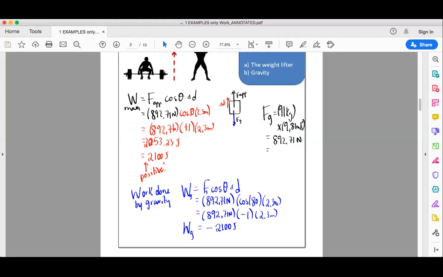The work done by gravity on the barbell is negative 2100 joules. In previous units, we sometimes got a negative and it was a vector quantity, and I said never report that negative. In the scalar world, it is okay because we're going to learn that that is a decrease in energy.